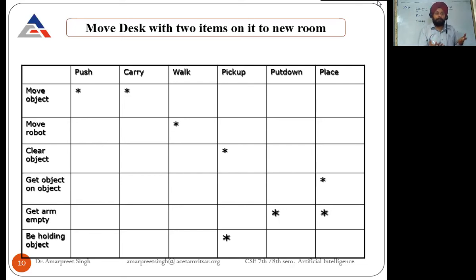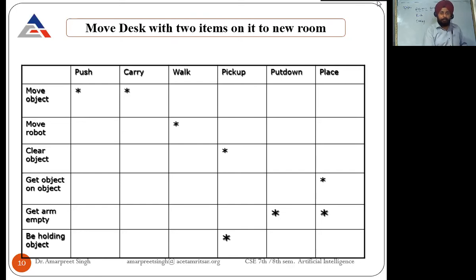If the robot wants to apply put down, something should be in its hand, then only it can put down. For push, the object should be heavy. If you want to carry, the object should be small and less heavy.